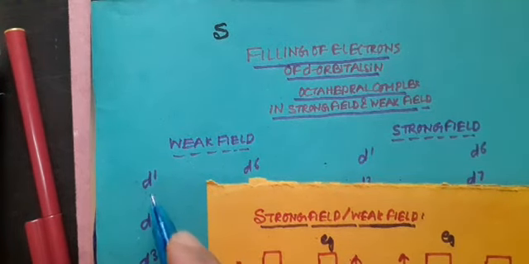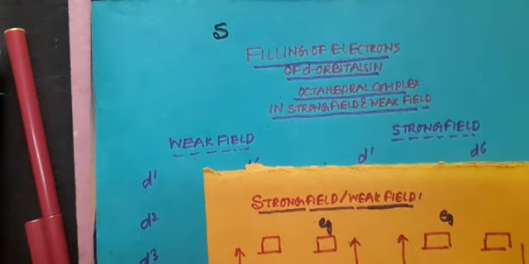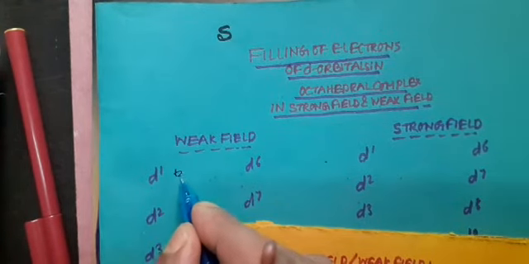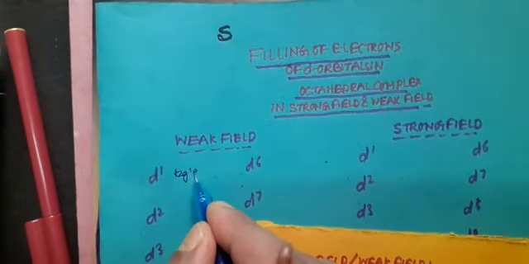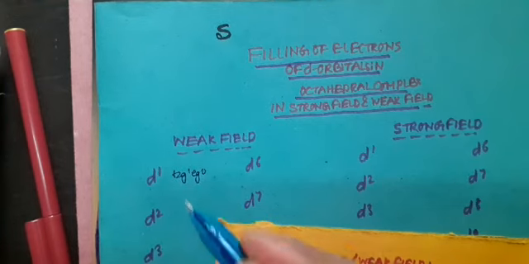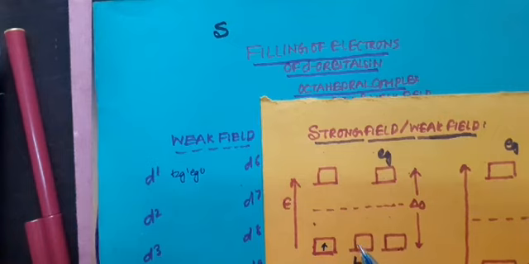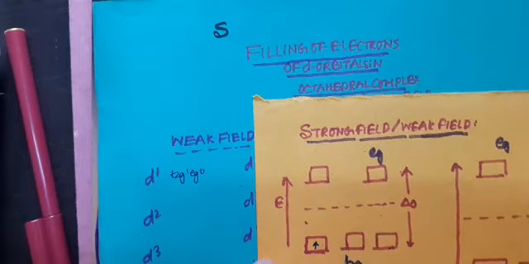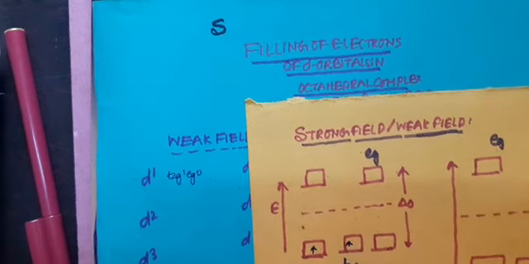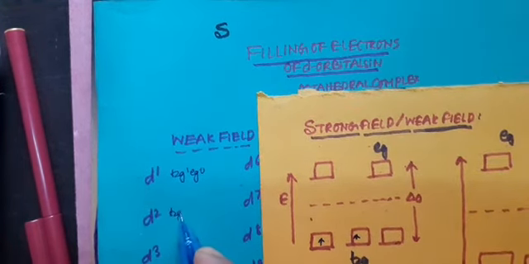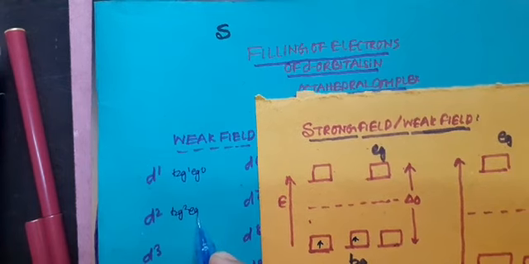We have the D1 configuration, so we put one electron in the T2G set and the configuration will be T2G1 EG0. Similarly, if there are two electrons, we fill two electrons in the T2G set and the configuration will be T2G2 EG0.